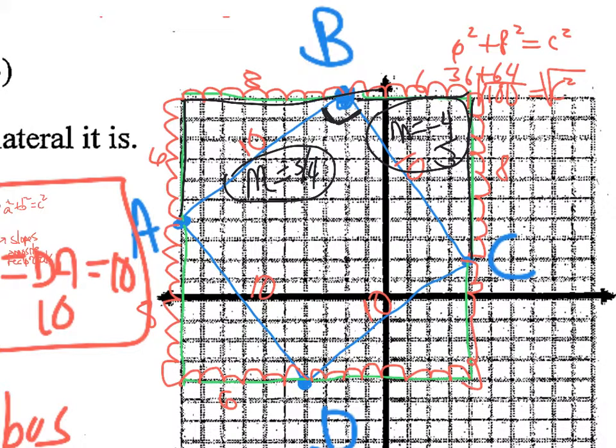So finding my next side slope, I am going 6 and 8, and it's going uphill, so that slope here is 3/4. So 3/4 and negative 4/3, so this must be a right angle there.